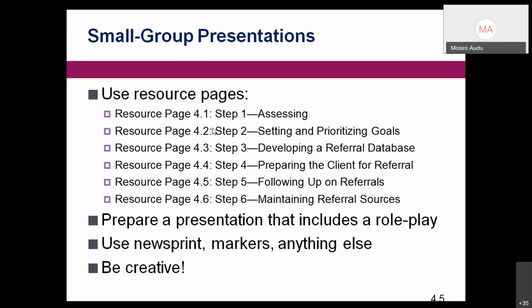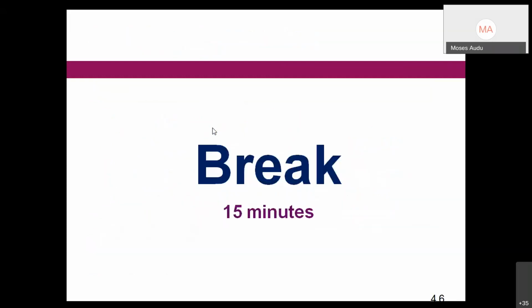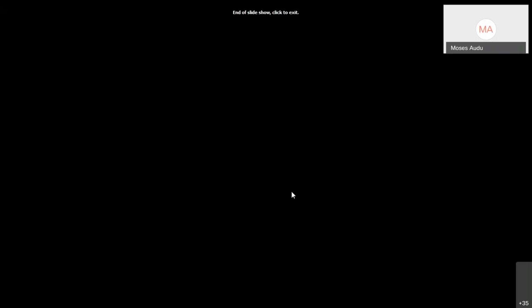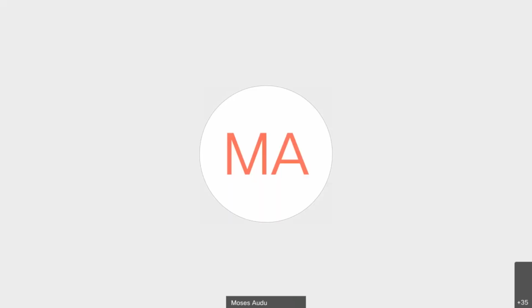The fourth one is preparing the client for referral, the fifth is following up on referrals, while the sixth one is maintaining referral resources. So it's supposed to be like a presentation, but we're not going to do that. Rather, we're going to go through our resource pages and see how we can do that. So let me go sharing again from the resource pages.